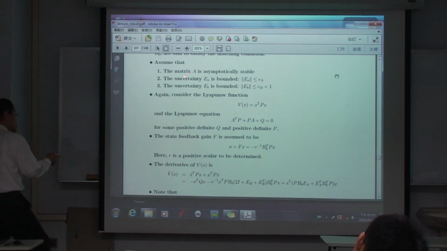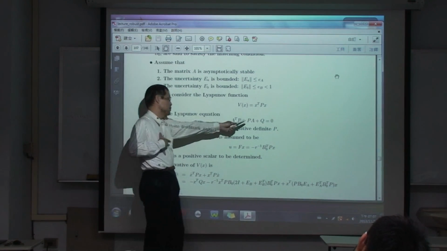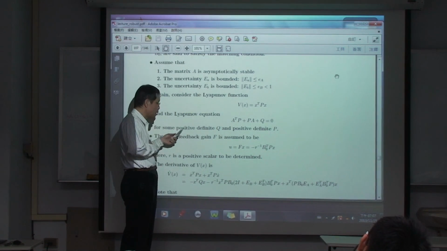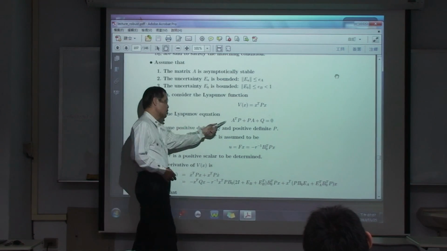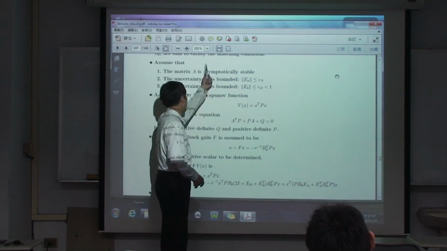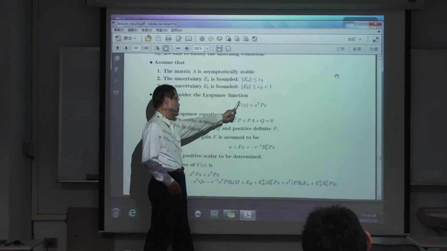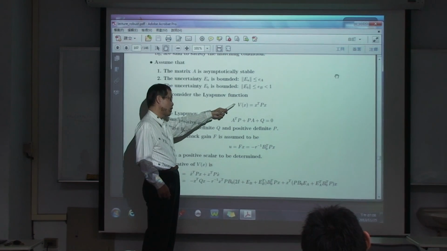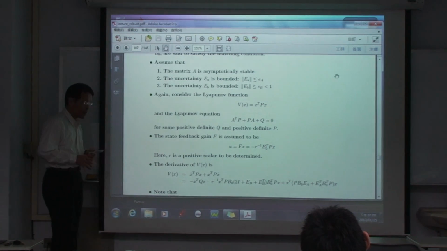Since I have assumed matrix A to be asymptotically stable, I could pick any Q that's positive definite, identity being one particular example, but I could definitely have lots of choices. Then I could solve this equation. So A is stable, so I can find the positive definite P. And I will then realize this quadratic function is a Lyapunov function for the unperturbed system, that means when there is no uncertainty.